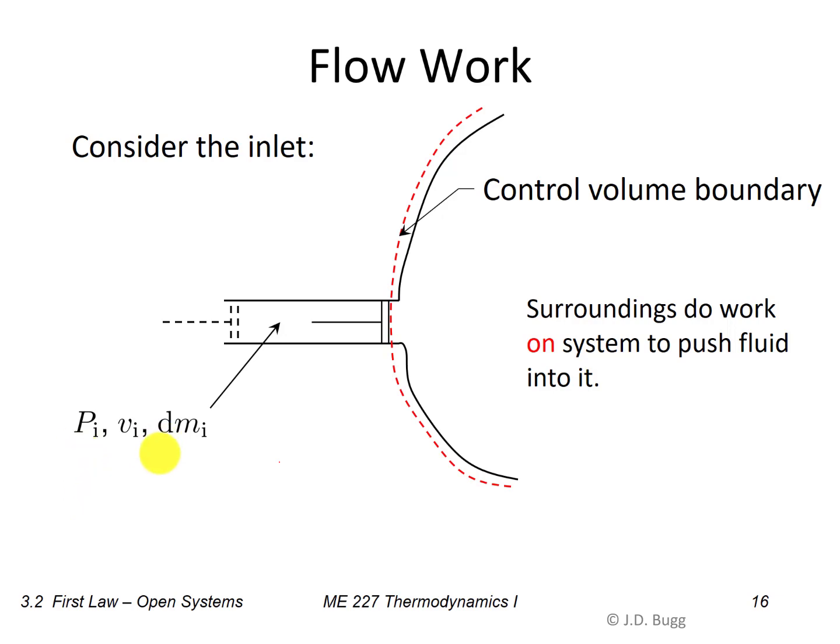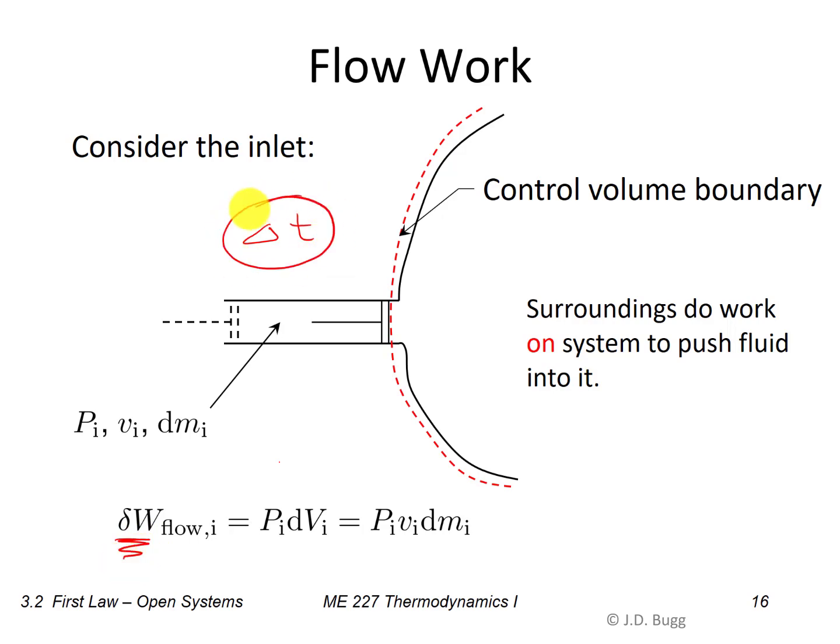And we're saying that during this time, delta t, that we're considering, the amount of mass that gets pushed into our control volume is dm_i. Again, the subscript i with the usual meaning there. These are the variables we need to figure out how big this work is. So the amount of work that is going to be done, and we call that delta W because it's the small amount of work done during time delta t.